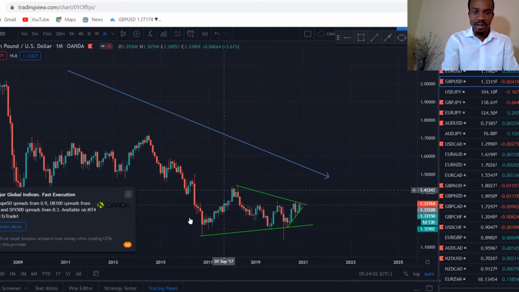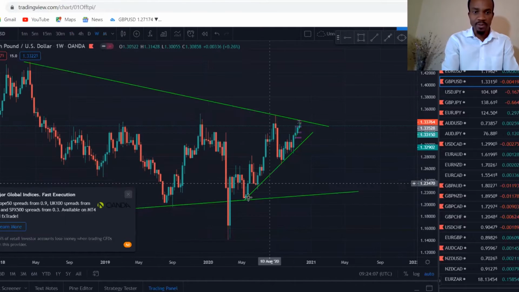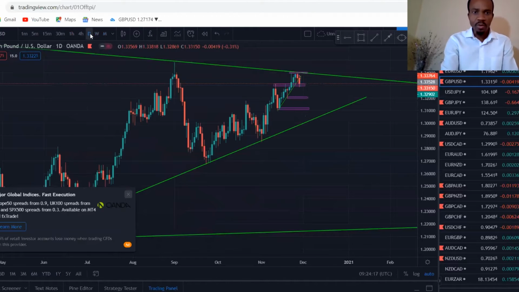So price has been around this area for some time. On a weekly also, we said that price is to the upside, just sitting on this uptrend. So we go to the daily time frame also. As you can see, price now is consolidating. So price on the daily is busy also to the upside.